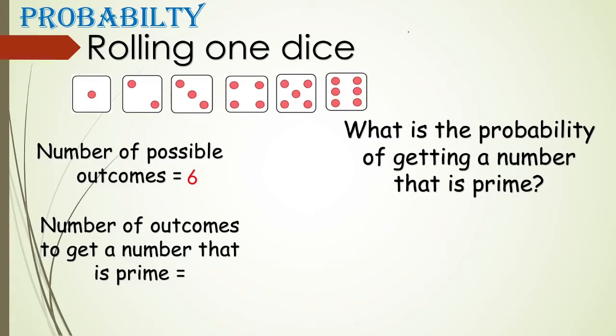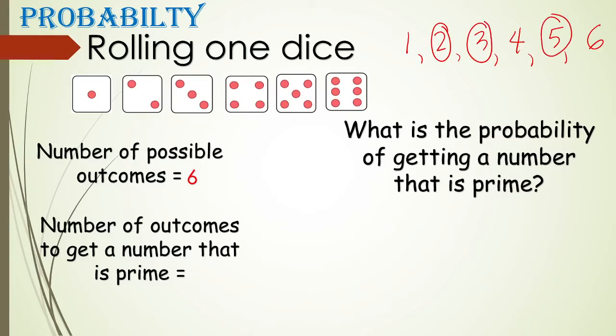Let's list that down. 1, 2, 3, 4, 5, and 6. Is 1 prime? 1 is not a prime number. The prime numbers start with the number 2, followed by 3 and 5.